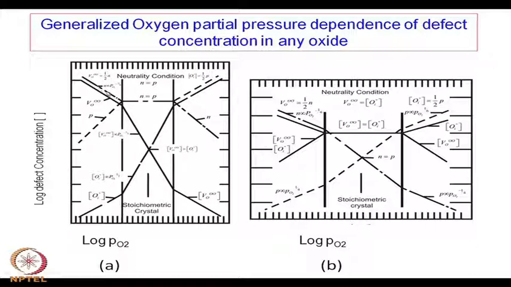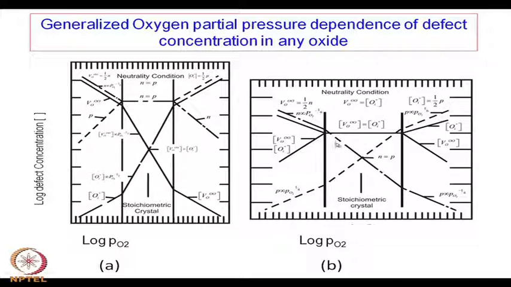The highest defect concentration is this. So, it is p-type on this side, this is the stoichiometric crystal, where n equals p, that is an intrinsic semiconductor, and then it is an n-type semiconductor on the lower PO2 side. Here also we find defect concentrations like this: n on the lower PO2 side, and p on the higher PO2 side.